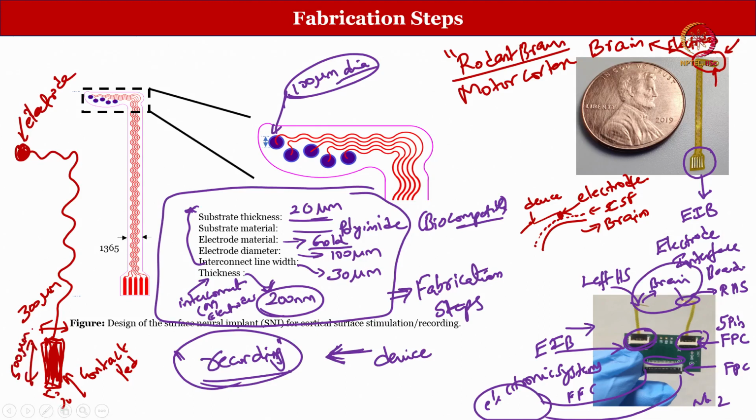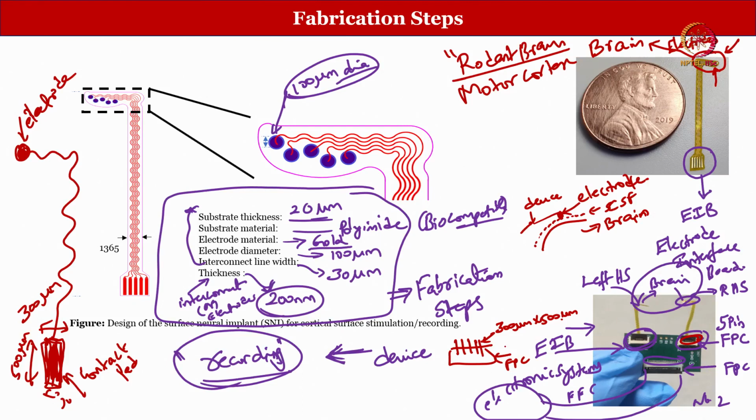Now, those familiar with FPC connectors might have already guessed it. The FPC connector's dimensions and the contact pad dimensions are exactly the same, 300 by 500. When I say 300 by 500, I mean 300 width and 500 length.